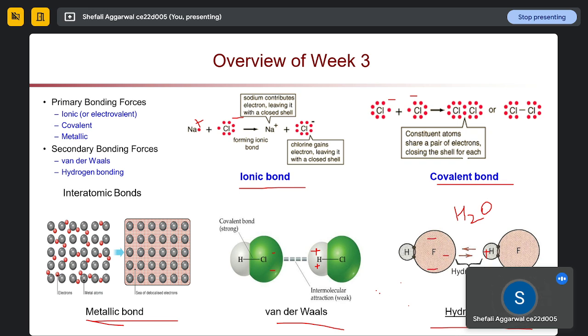So in the case of water, it is positively charged hydrogen and negatively charged oxygen. That is called hydrogen bonding.